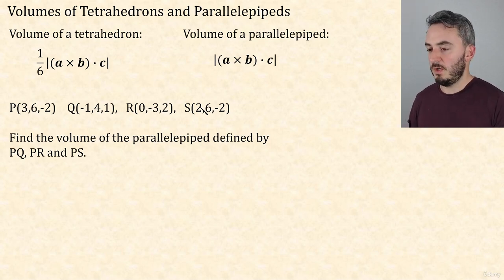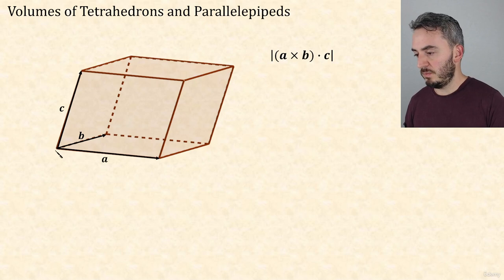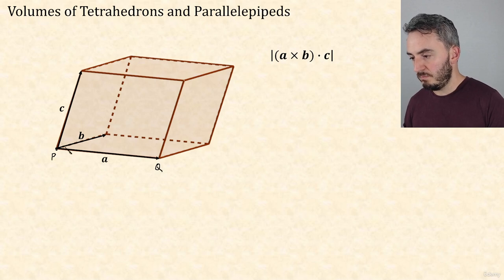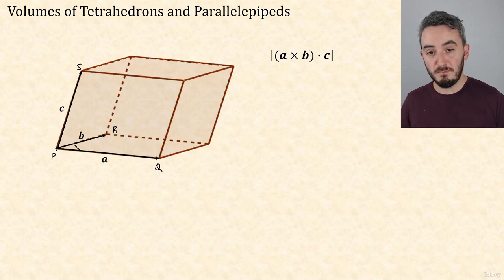What does that mean? Well, it basically means if you've got the point P here, if we define it with those points, it's PQ, PR, and PS. Those 3 lines, effectively the vectors A, B, and C, define a parallelepiped.